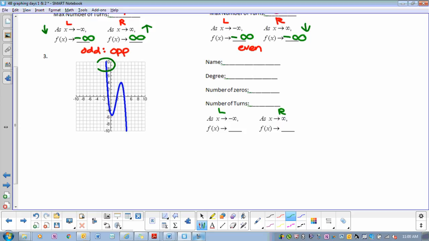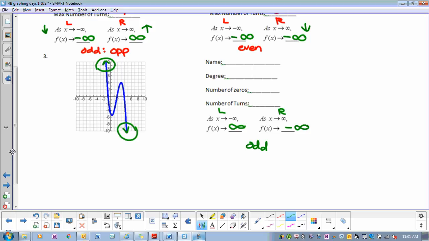Left arm is over here. What is this left arm doing? Going up. Up to where? Up to infinity. Yeah. And then look at your right arm. Where's that one going? Down to negative infinity. Oh, look at this. Are they doing the same thing? No. This tells me that this should be an odd function because they're doing opposites, right?